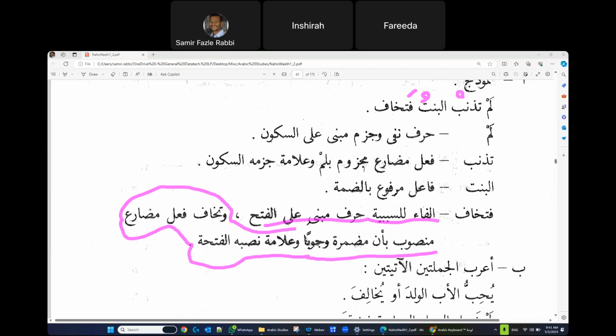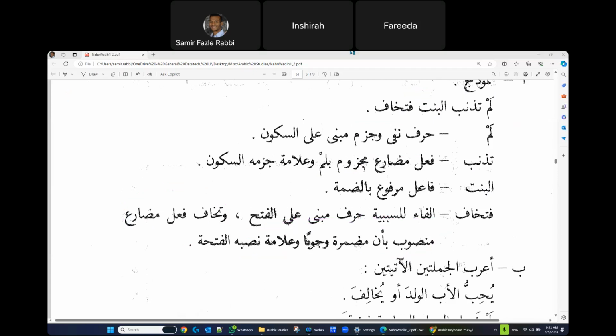After this an al-mudmira, the mudari', it's going to say fil mudari mansub bi an al-mudmira, wa alamat nasbihi al-fatha. You may or may not include this wujuban. I don't know how much that's going to matter.